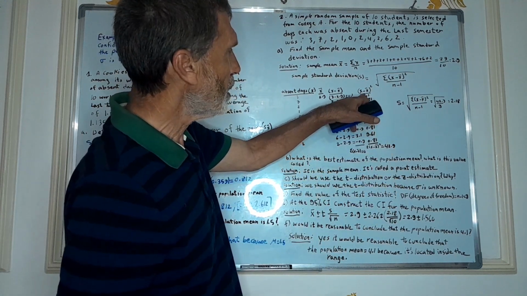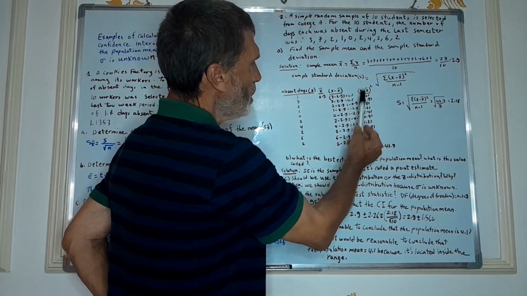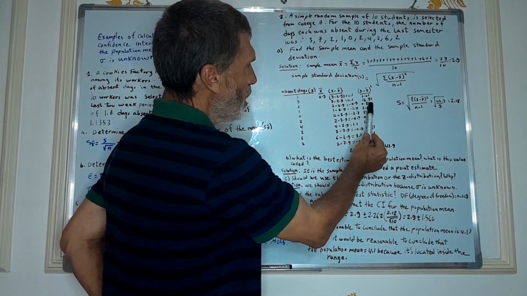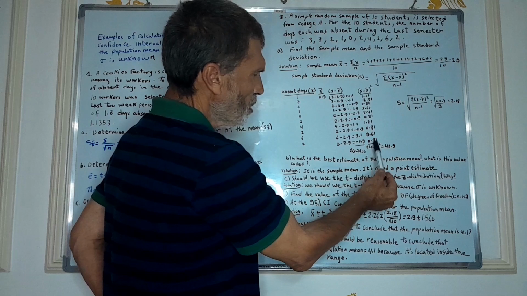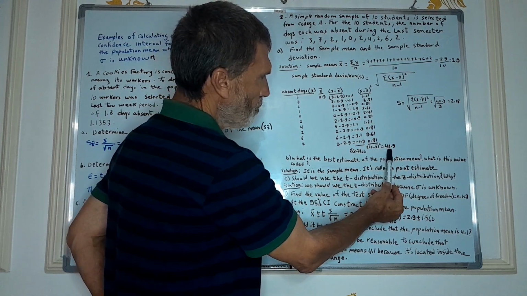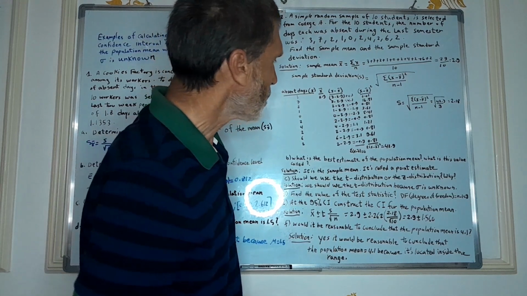So when we take x minus x bar, for instance, 0.1 squared, we got 0.01. 4.1 squared, you get 16.81, and so on and so forth. And we add all of them, we come up with 42.9. Okay?